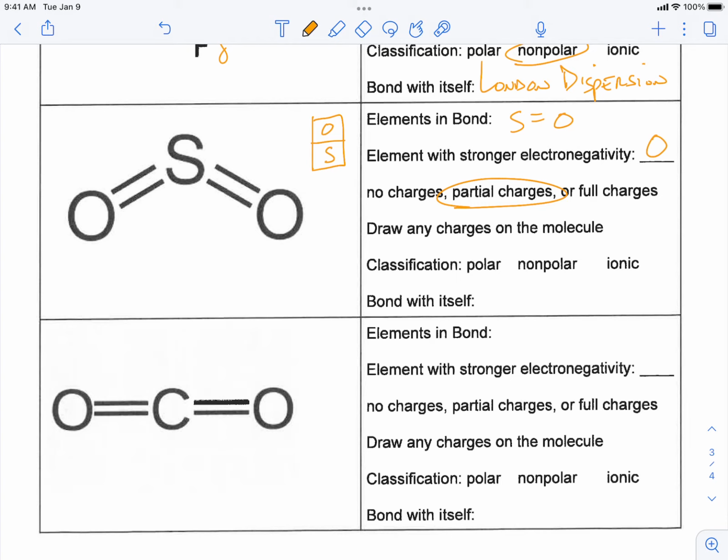The oxygen is more electronegative, so it gets the partial negative. Sulfur is partially positive. We can look at this and say, well, the top part is more positive, the bottom part is more negative. So that means that we're going to have a polar molecule. This polar molecule does not have hydrogen in it, so this must just be regular dipole bonds.